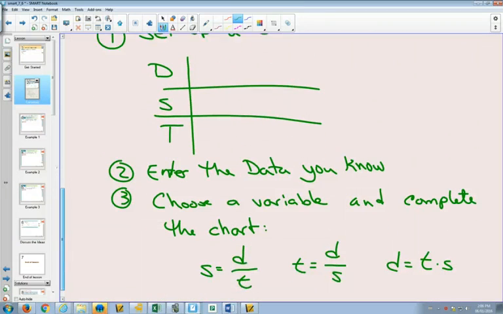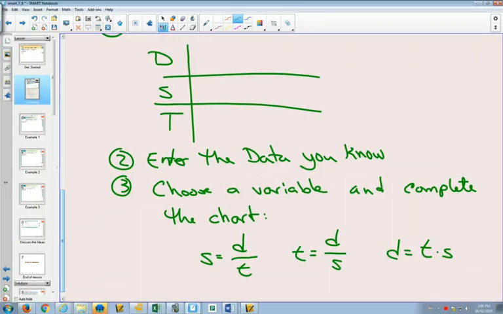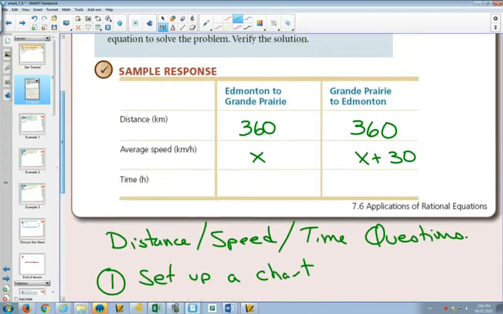What's time equal to? Time is equal to distance divided by speed. So the time in this first one will be 360 divided by x, whatever that speed is. And our time in our second one will be 360 divided by x plus 30.